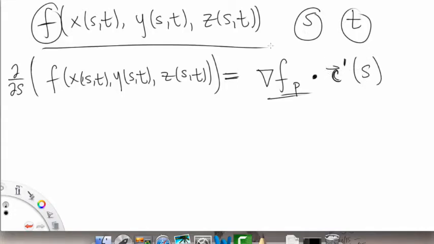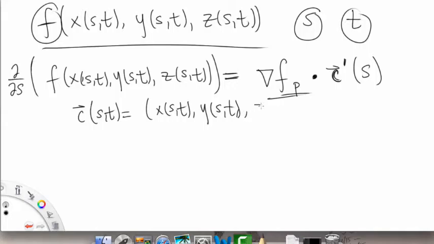In a more expanded form, something to note is that c of s and t looks like x of s and t, y of s and t, and z of s and t.